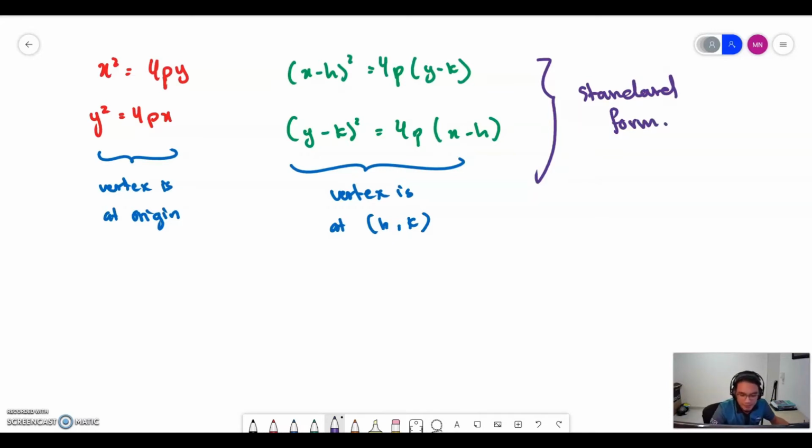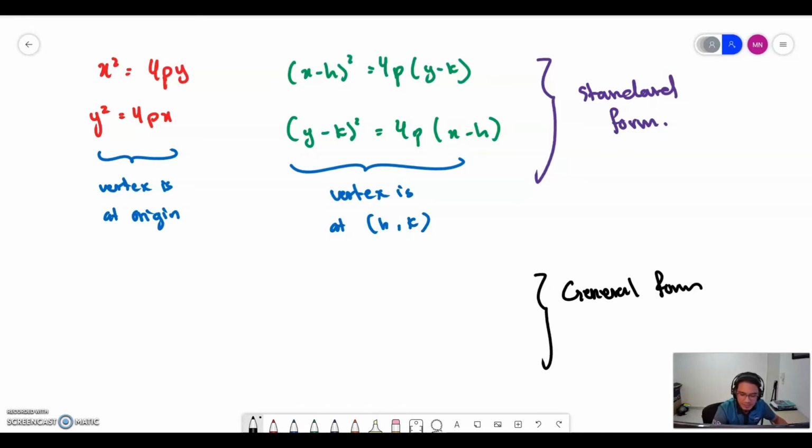It is called the standard form because from the first glance we can already identify that this is the equation for a parabola, where x squared is equal to 4py. Besides standard form, we also have the equation of a parabola in general form.